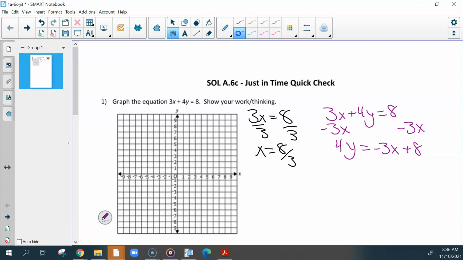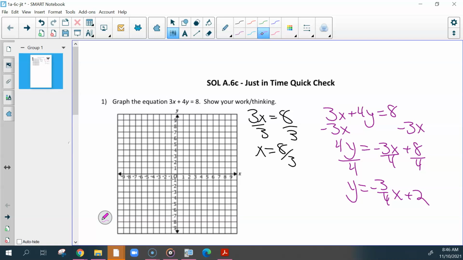And then divide everything by 4. And now that it's back in slope-intercept form, I can use that to graph. So I'm going to start at my y-intercept of positive 2.